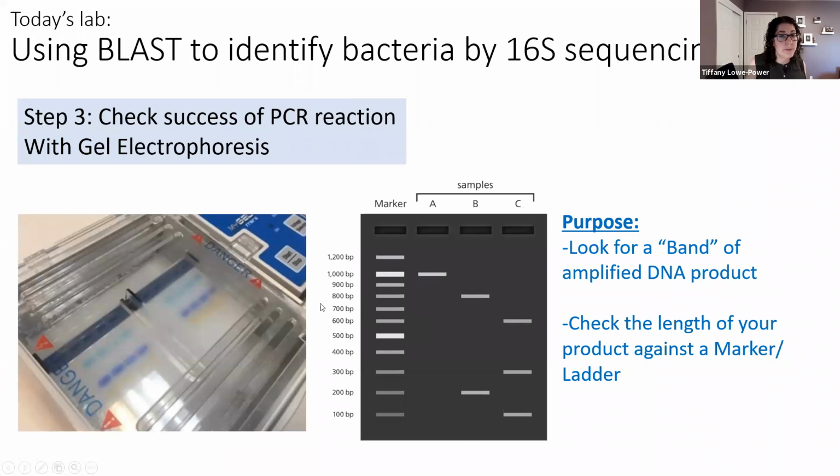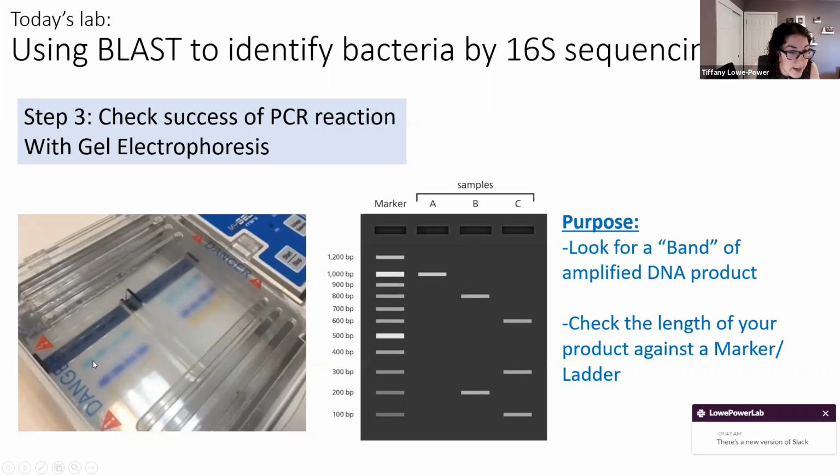After we do our PCR reaction, what you need to do is determine whether your PCR worked. You can do this by running it on a DNA gel through DNA electrophoresis. If you're in lab, we would pour gels composed of agarose, which is very similar to the agar that is in Petri dishes to grow bacteria, but it's a little bit more pure and a little bit more expensive.